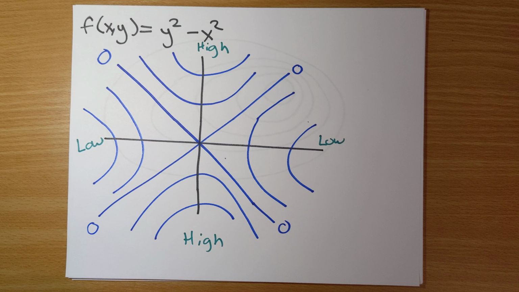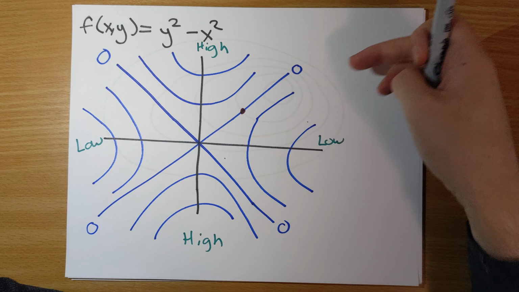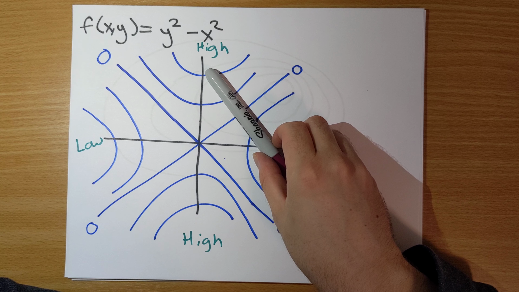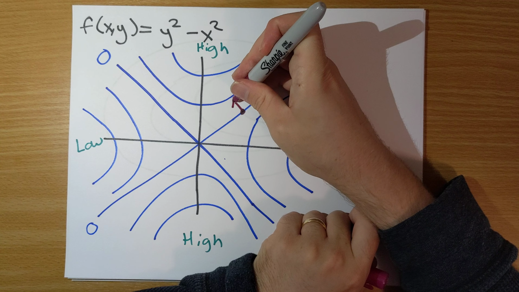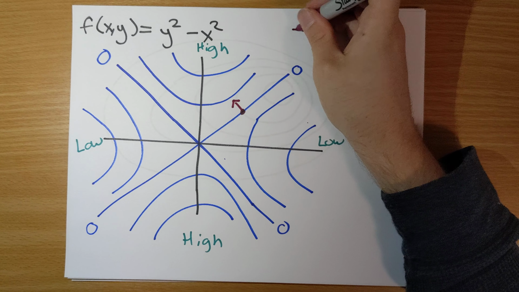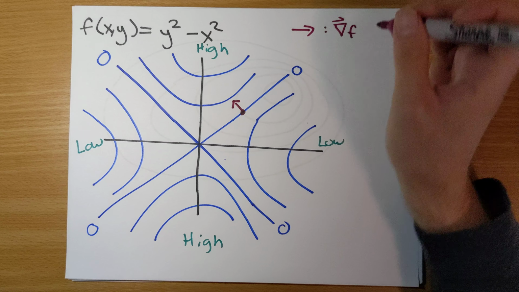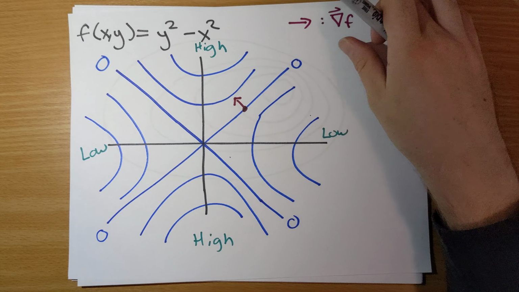So, for example, at this point right here, I need to draw something that is orthogonal to the contour, and it needs to be moving up the hill in this direction. So I'll just say, this is the vector in the direction of the gradient. I might not have the length right, but at least I've got the direction right.